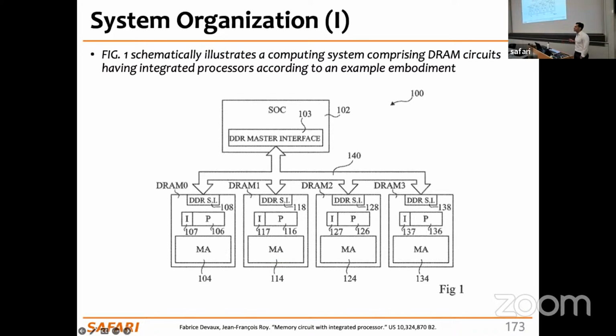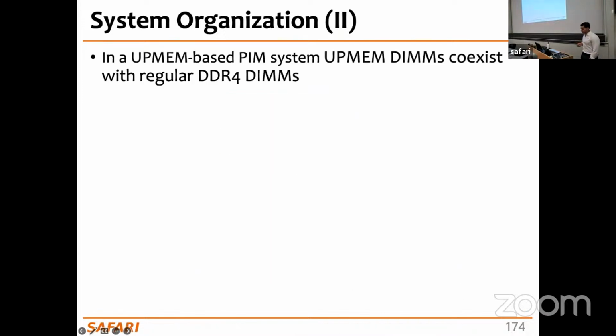So this is the pictorial picture from their initial patent. Here we have the SoC that is the master, so it's your regular host CPU with the regular DDR interface, and then we have the UPMEM chips here with some DRAM memory and some processor that has some simple cores and also some scratchpad memory.